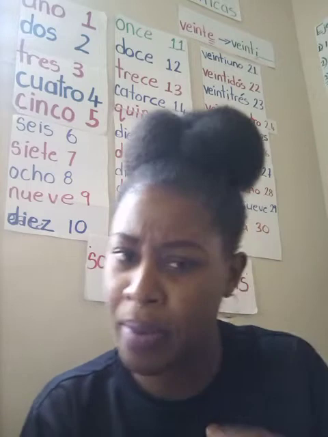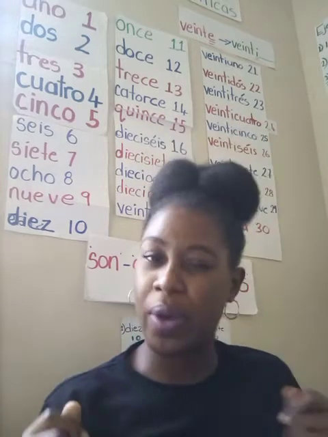Just in case you don't remember what numbers 1 to 20 are, let me give you a quick run through. I want you all to look this way and say the numbers with me.